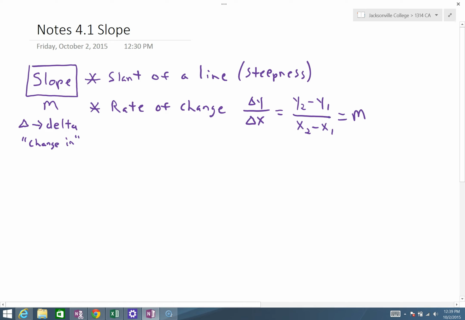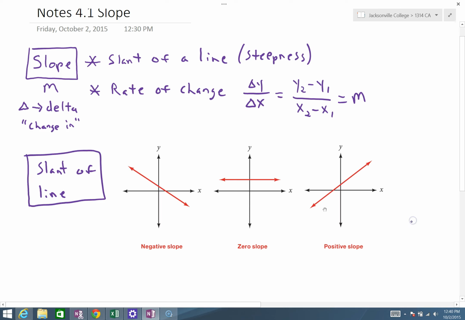Okay, so let's look at it in terms of slant of a line. This graphic here is from your digital text. You can look at it in your ebook, but you'll probably be fairly familiar with this.